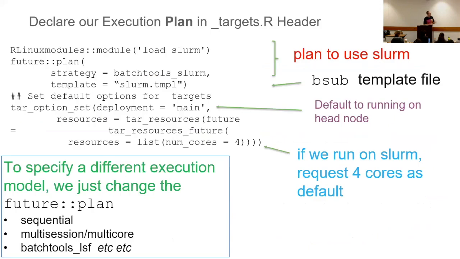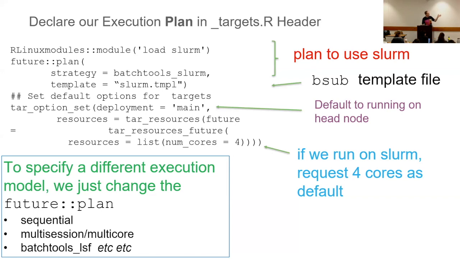The key to this is changing the header of our targets file by adding a plan. The beauty of the plan is that it will depend on what your computing environment is. In this case, we have a template file, which is basically a bit of code to help translate into specific commands, in this case sbatch with the Slurm job scheduler. It says bsub there.